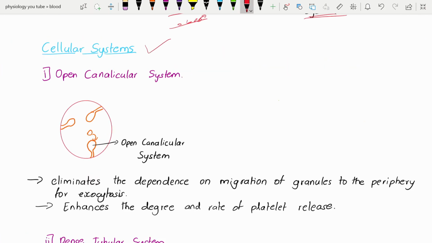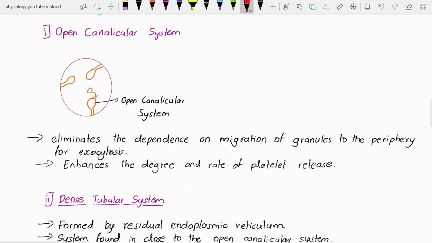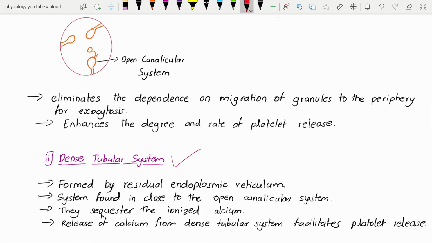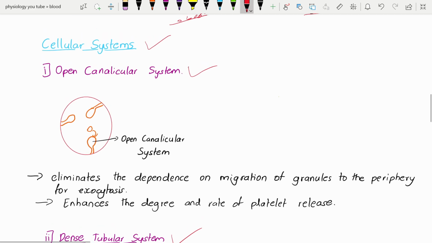Now we will discuss the canalicular system: the open canalicular system and the dense tubular system. Here you can see I have marked some of those which are open outside.